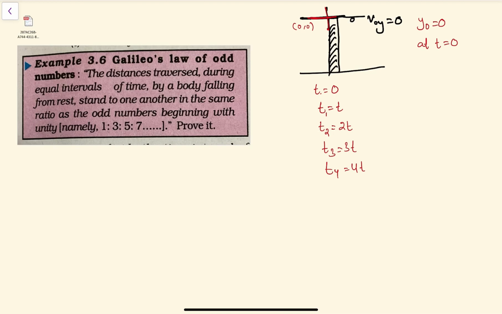Let us substitute one by one, then we'll try to understand how it is. Right, y is equal to y naught plus half into a y t square.